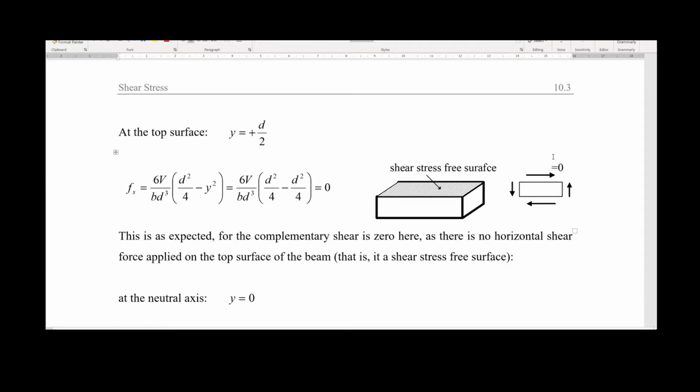This is a mathematical equation that has to be fulfilled in order to keep the equilibrium, because if this doesn't happen, you will have a rotation of this element or cross section, and this doesn't happen in reality. So for this set of forces that define the shear stress states in these elements, you need to have the same values in all of them in order to keep the equilibrium.